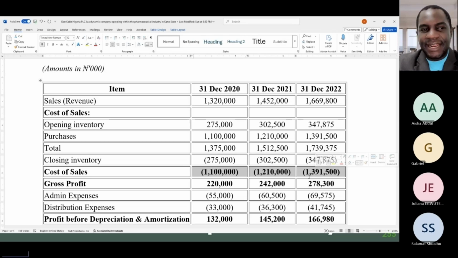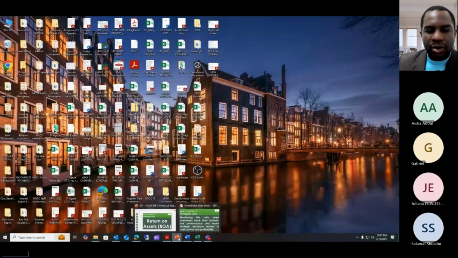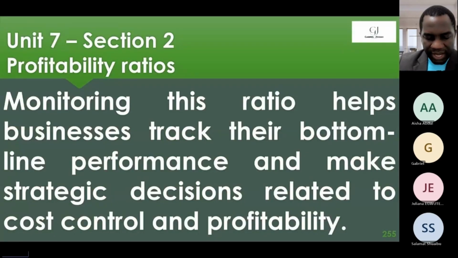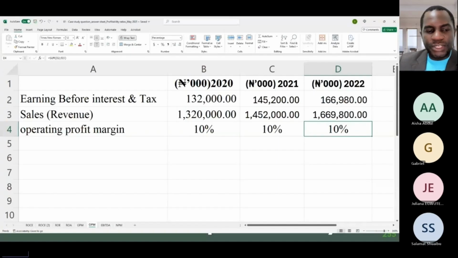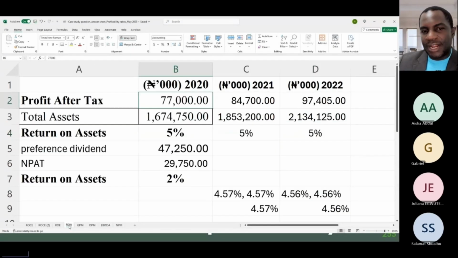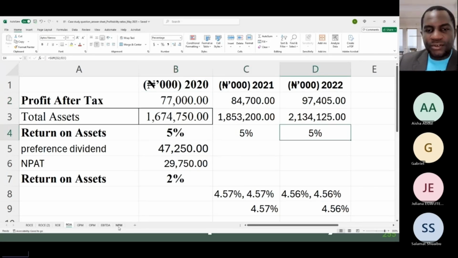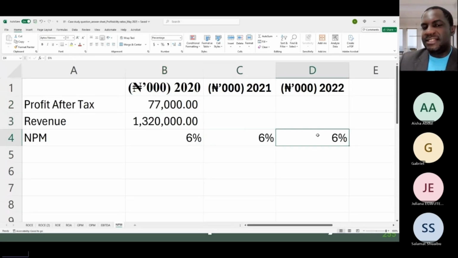She said that looking at the business holistically and looking at the components of the ratio, when we are explaining the implications, can we explain the implications based on the ratios computed? She said, for example, return on asset. The implication of the return on assets result, looking at 5%, 5%, 5%, and that of net profit 6%, can we say it is the same?